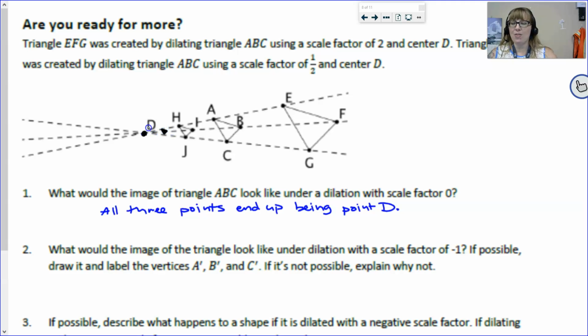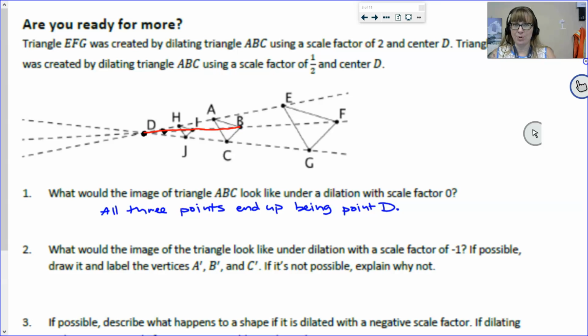With that in mind then, what would the image of the triangle look like under dilation with scale factor of -1? We got smaller and smaller, but now that we're in the negatives, what happens? This diagram gives us a really good clue. When I look at this, I can see that from D to B, it's that distance.